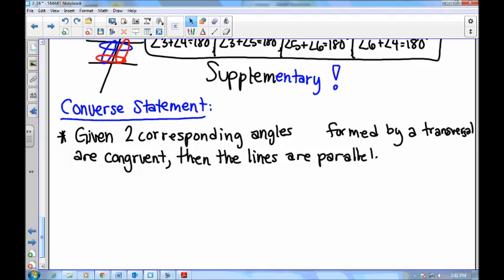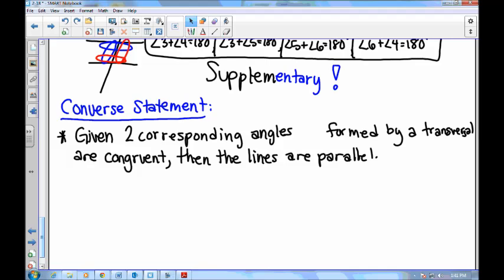We're actually having a break after like 4 more sentences. We're not writing them, you're just going to listen to them. So, the same thing happens to all of the others. We could say, given 2 alternate interior angles are congruent when formed by a transversal, then the lines are parallel. Given 2 alternate exterior angles are congruent, formed by a transversal, then the lines are parallel.